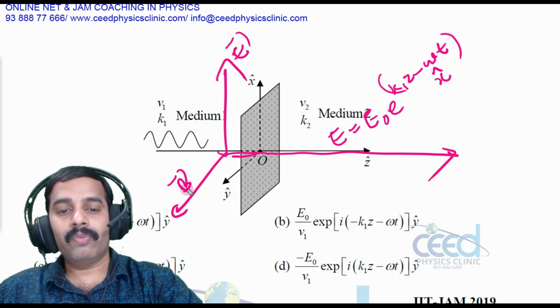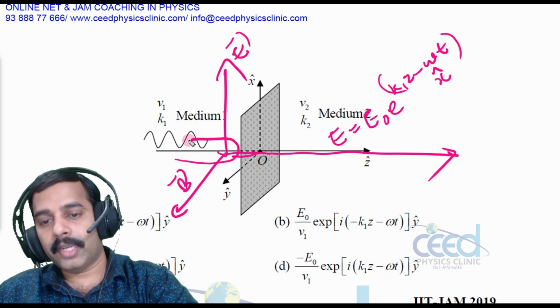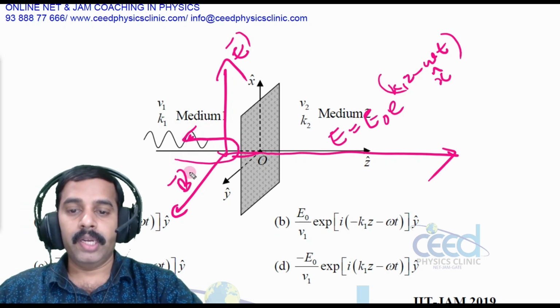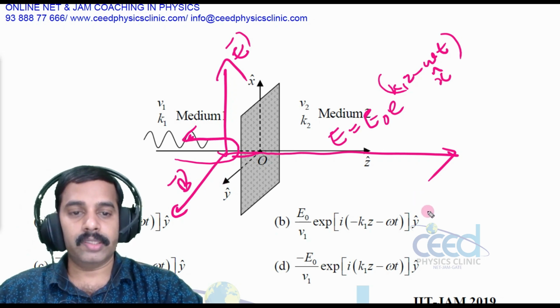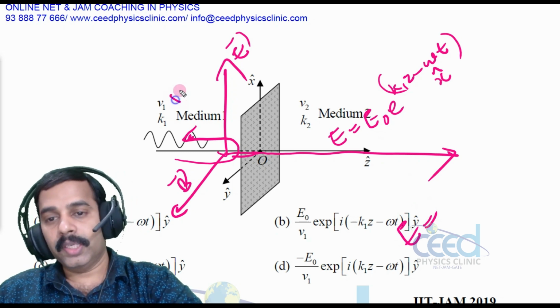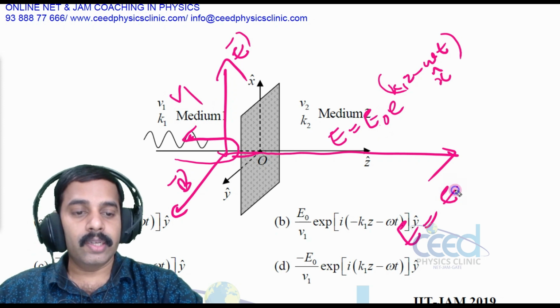So we already know when it hits the interface, the reflected wave traces a path like this. So it has a 180-degree phase difference. B has a 180-degree phase difference. But we already know that in this medium the velocity is V1, so B0 is equal to E0 by V1.